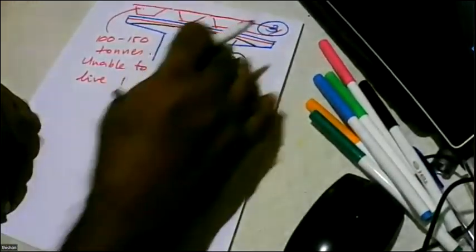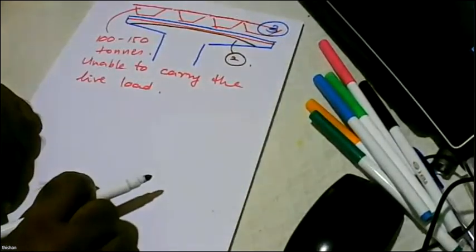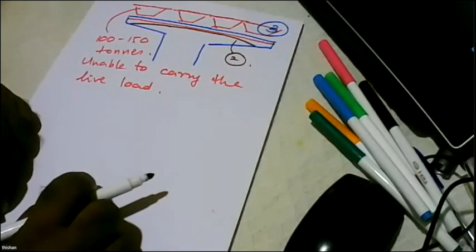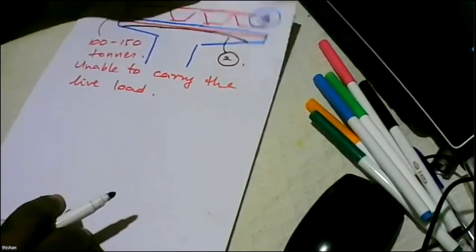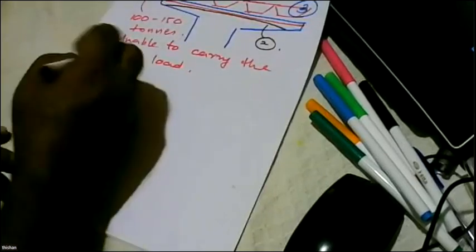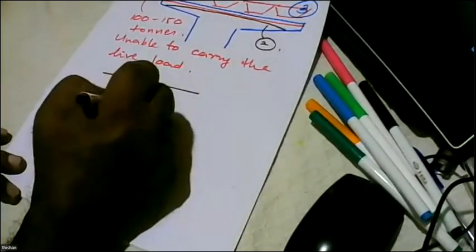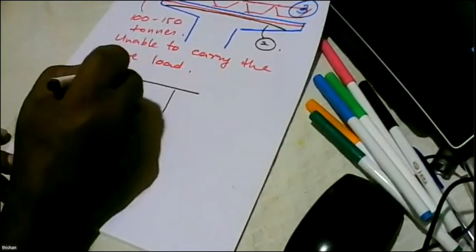And when you apply this pre-stress, now we don't have a problem because we have enough weight to counteract the uplifting due to pre-stress. So if you look at this type of situation, what can you say about the structure? This is a cantilever.